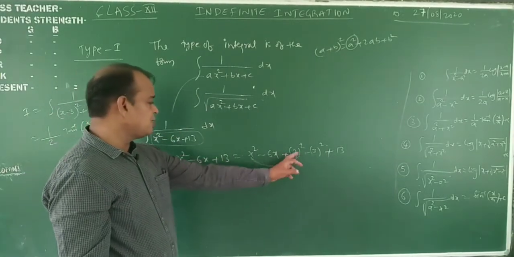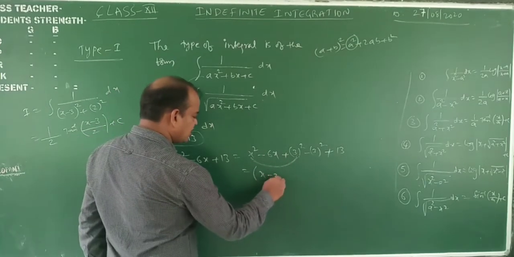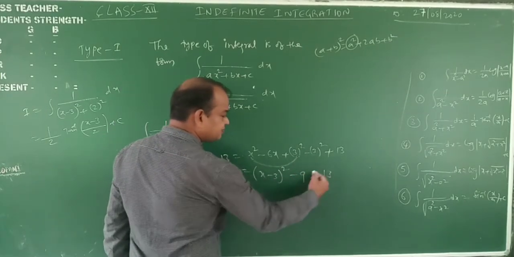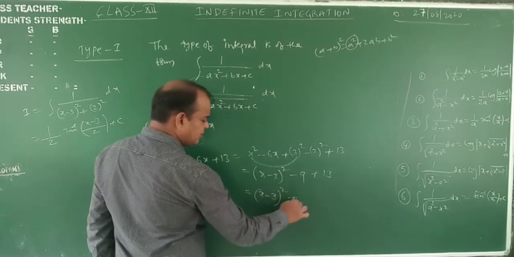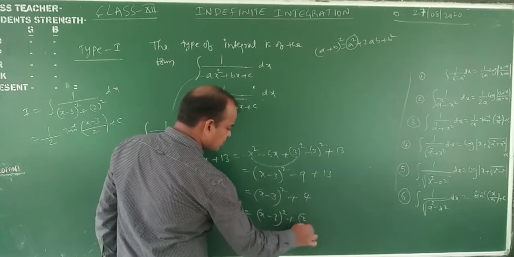This is the a value, this is the b value, with minus in between, so it is (a minus b) whole square, that is (x minus 3) whole square. Then minus 9 plus 13, which means plus 4. So (x minus 3) whole square plus 4, which means 2 square.